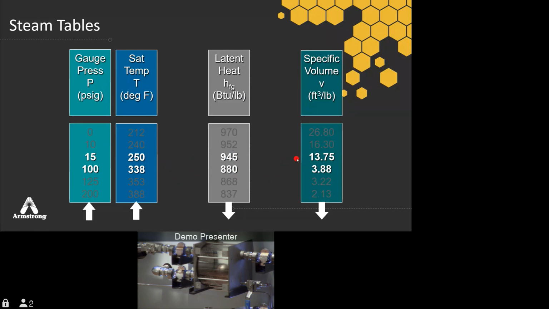So back to our steam table then, if we look at specific volume, at 15 psig, we said it was 13.75 cubic feet per pound, but at 100 psig it is less than 4 cubic feet per pound. So I'm compressing that vapor, a smaller specific volume with higher pressure, and thus smaller size pipe at the higher pressures.